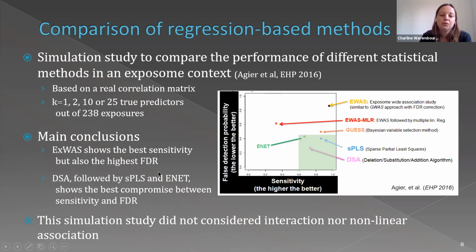So I have to say that this simulation study did not consider interaction between exposures nor nonlinear association. And this simulation study led to the determination of the statistical protocol in ELIX.